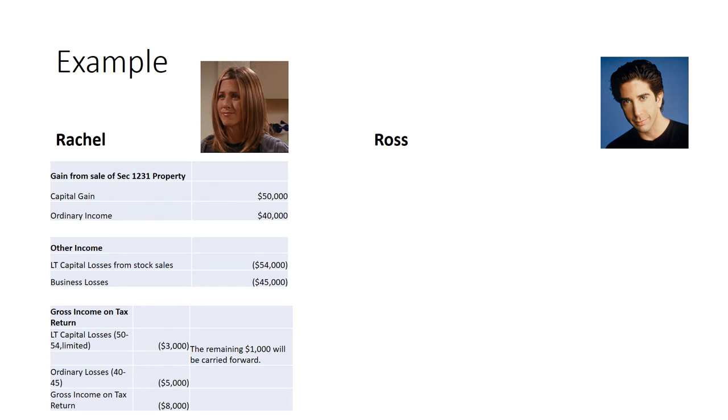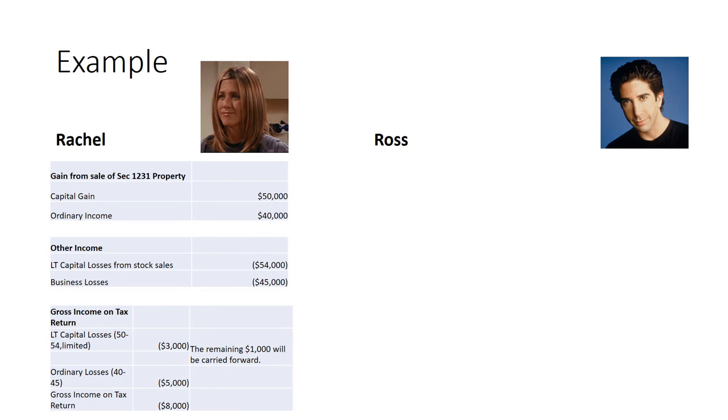So that remaining 1,000 will be carried forward. The thing to notice here is that she was at least able to use up these capital losses against these capital gains. So that's good, because if she only had the 54,000 capital loss at $3,000 a year, it's going to take a long time to use it up. So this is a good thing to be able to get a tax benefit from the losses on the capital stock sales.